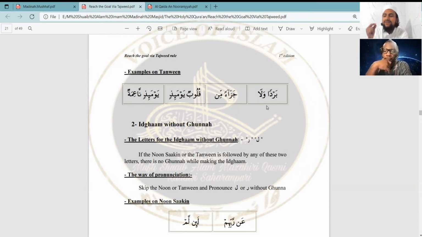Because in tanween, I think we discussed in a class before, tanween also has a nun sakin. You just realize that we say dal fathatain dan and dal fatha nun sukun dan, the same sound.